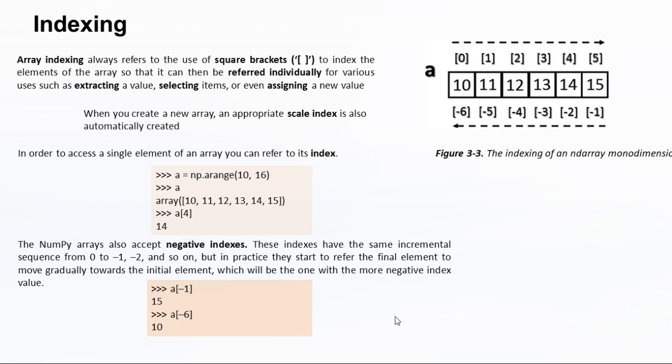If I use the negative index concept, I have to start from the right-hand side. Suppose I want to access the number 15 using the negative index, I just have to type A[-1]. To access the number 10, I write A[-6].